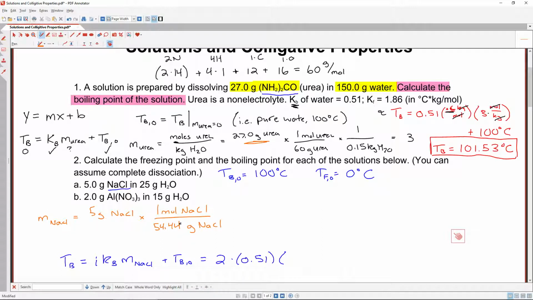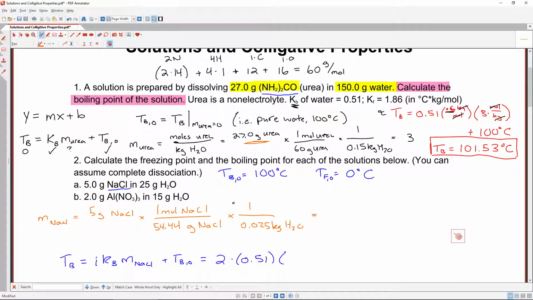I should probably check that. I'm pretty sure. Okay. And we multiply that by 1 over however many kilograms of water we have, so that's 0.025 kilograms H2O.